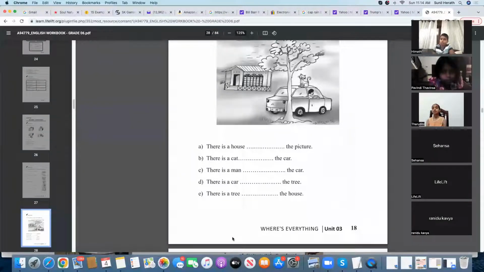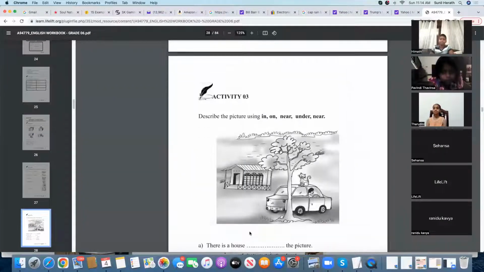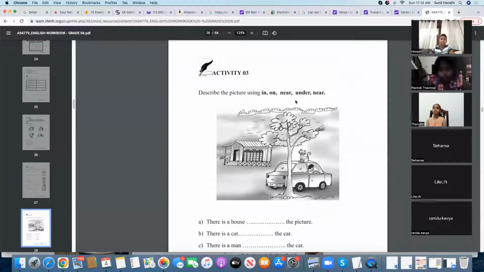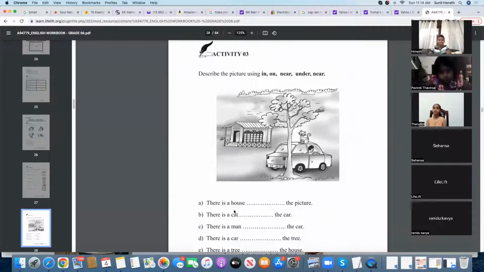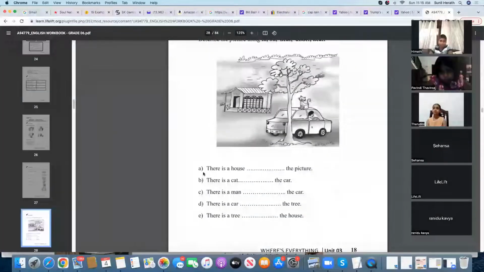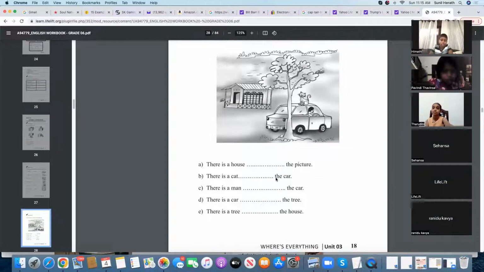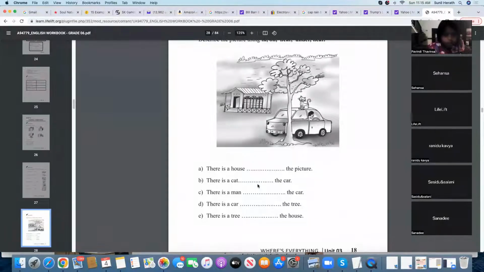The next activity we're going to do is very similar. It's the same idea: in, on, near, under. So what is A? I'll ask Tarudindi. There is a house in the picture. Yes, thank you. B, I'll ask Sehansa.